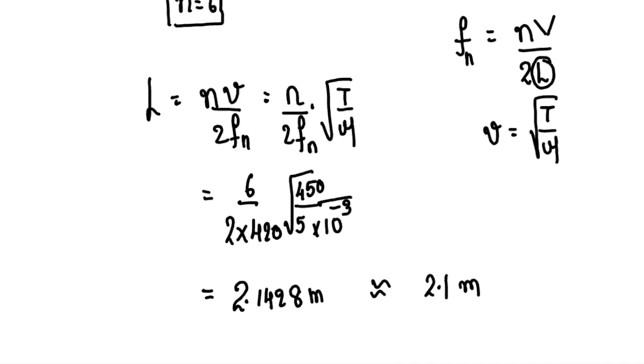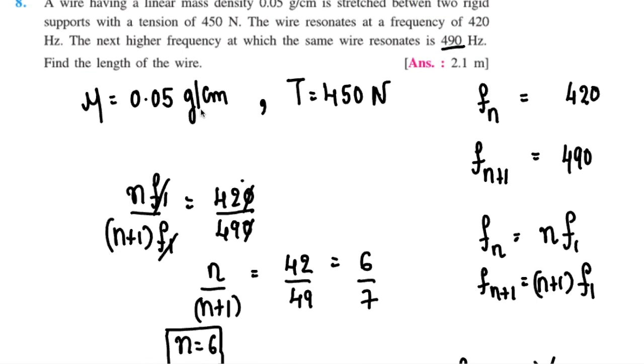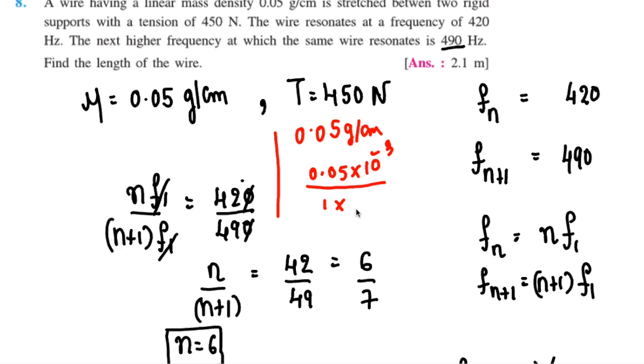See, this conversion from gram per centimeter can easily be done to kg per meter, and for your convenience I am solving it over here. 0.05 gram per centimeter is equal to 0.05 into 10 raised to minus 3 kg upon, for centimeter converting into meter, it is 1 into 10 to the power minus 2.